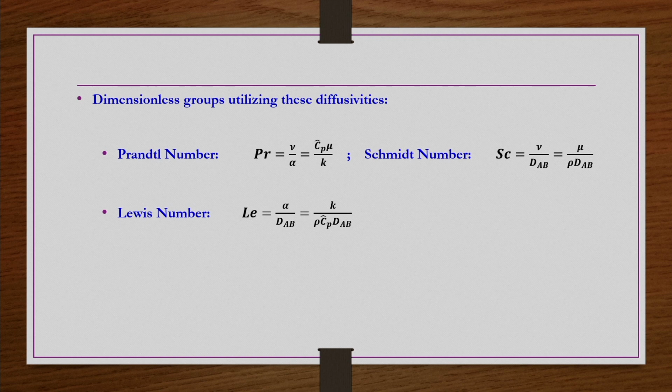Momentum transfer, mass transfer, or heat transfer, that we can understand, and then accordingly we can simplify the problem if in a given problem all these transport processes are occurring simultaneously. That is the use of these dimensionless numbers in general.